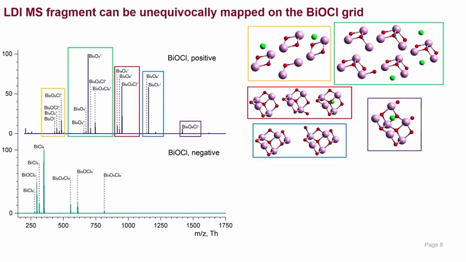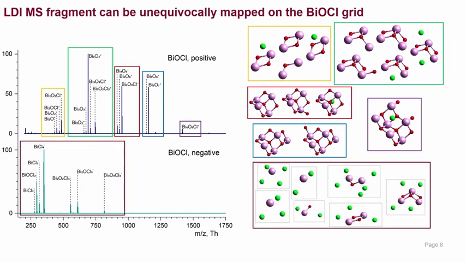And if we again try to annotate the ions, now for bismuth oxychloride in positive and negative ion mode, we can find that in positive mode, we can observe large fragments of up to 6 bismuth and 8 oxygen atoms that were directly produced by the cleavage of this polymeric structure. For negative ion mode, the ions are smaller and they have a larger number of chlorine atoms, likely serving as charge carriers.